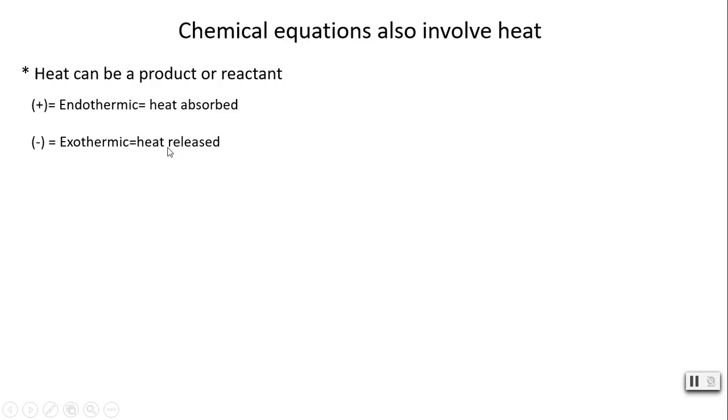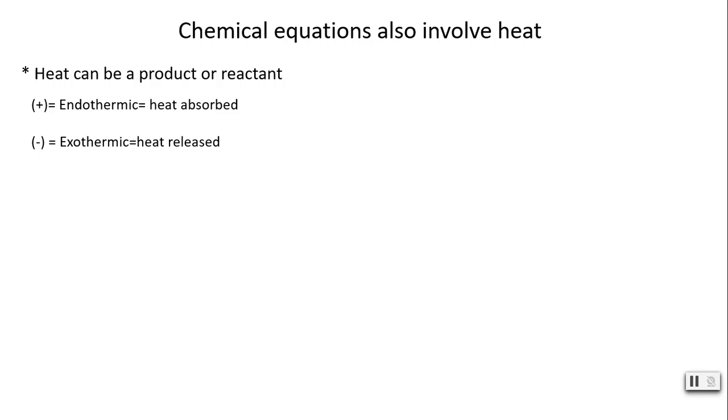So just like we said in chapter 3, I think it was, if the heat associated with the reaction was positive, that means that the heat was absorbed by the reaction and it's an endothermic reaction. Conversely, if the heat associated with the reaction is negative, that means that reaction is losing heat. It feels hot when you touch it because it's losing heat, and therefore that reaction is exothermic.